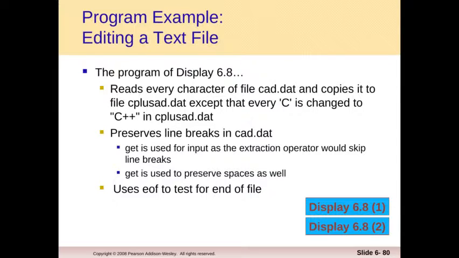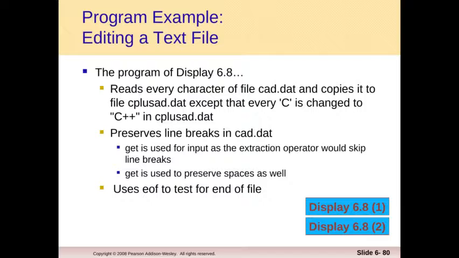In this program, we read every character of a file called cad.dat, and we copy it to a file called c+ad.dat. The only exception to this rule is that every capital C that we encounter, we replace with the string C++.